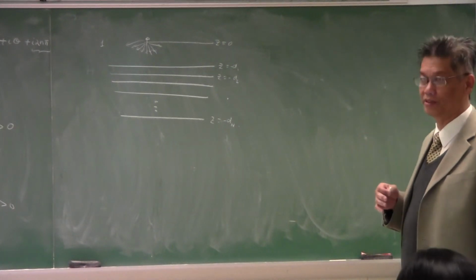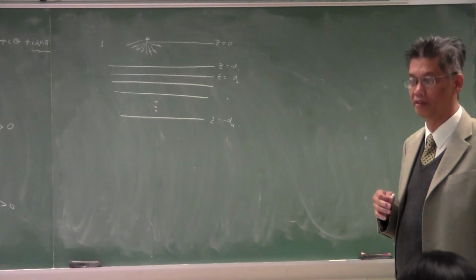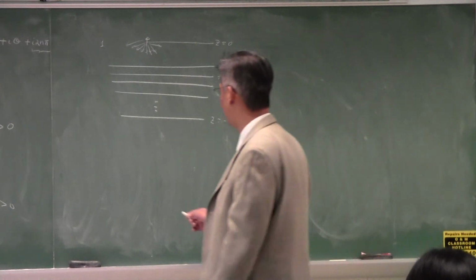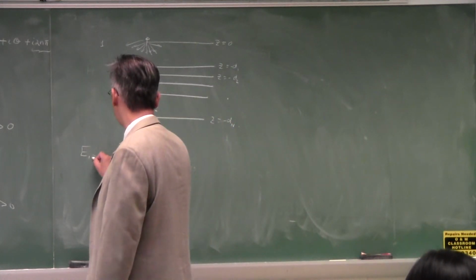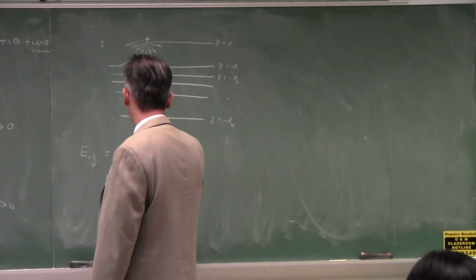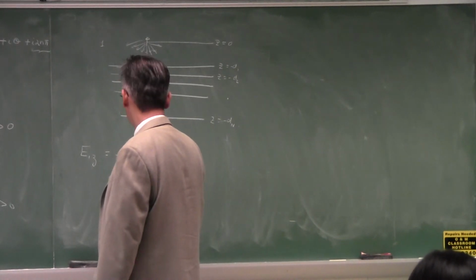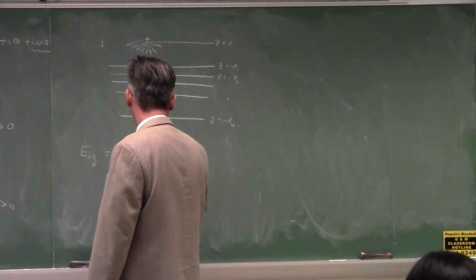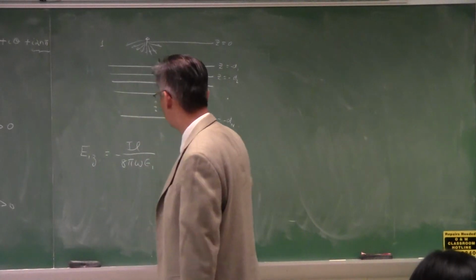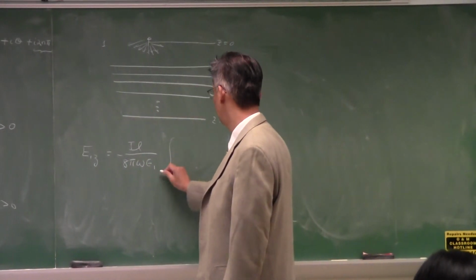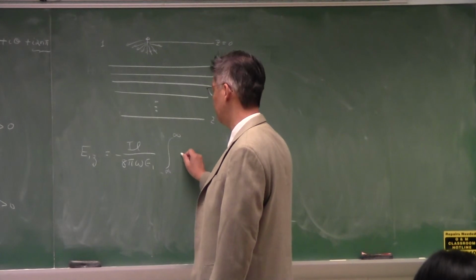So my physical intuition is to see this picture. Okay, so if I were to write down the field in region 1, it will consist of, first, the term as if the layered medium is not there. So it sees a region 1 electromagnetic property.